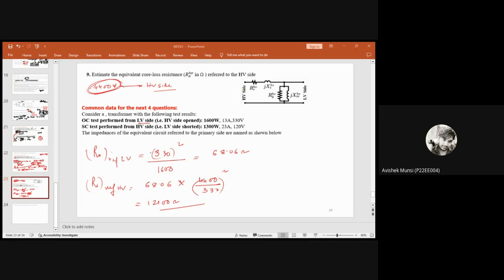Here we are solving through voltage, and we are solving the short circuit test through current. Why? Can you tell me?